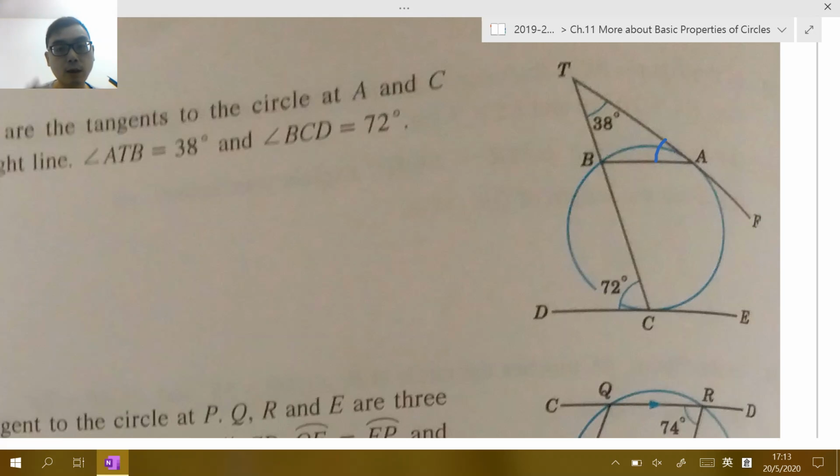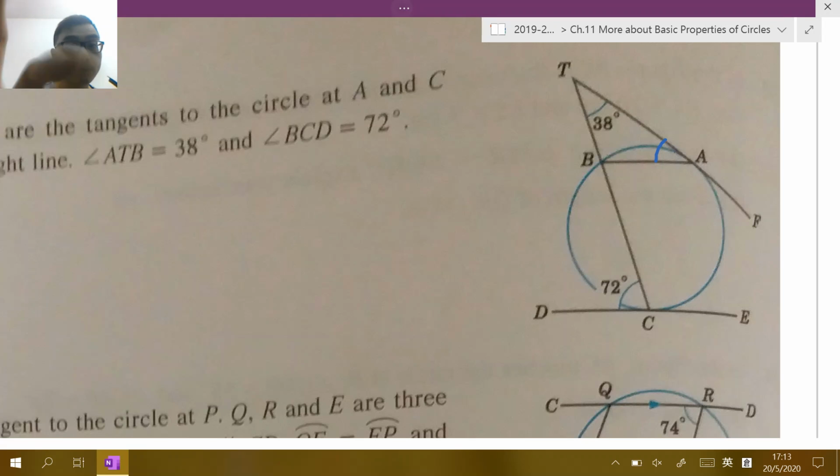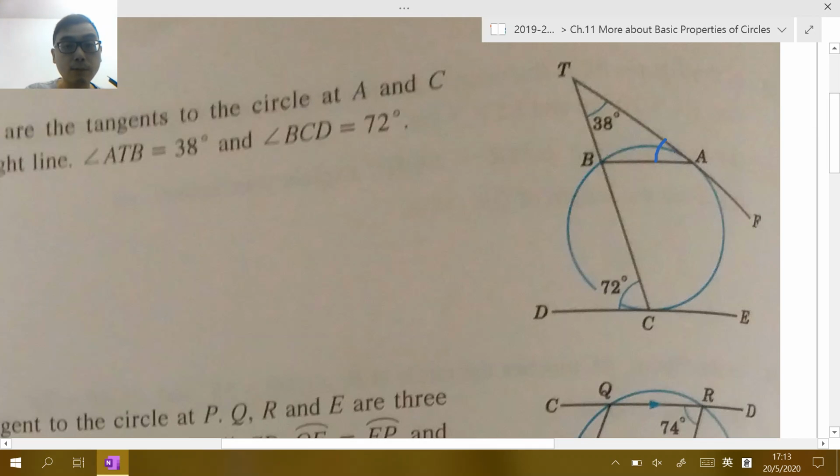Now you are given 72 degrees, and you can see the 72 degrees is actually the chord-tangent angle, because TC is a chord, or even we say secant, and DE is a tangent, so the 72 degrees is the tangent-chord angle. But now a very important thing is that arc BC would be the arc subtended to the angle which is 72 degrees.